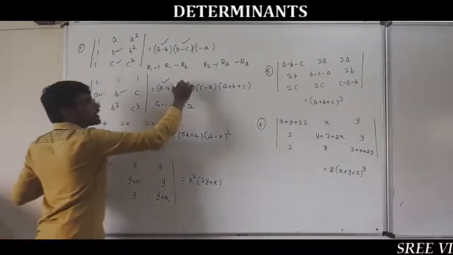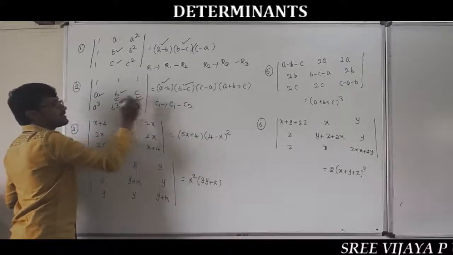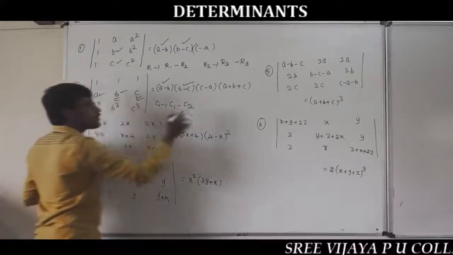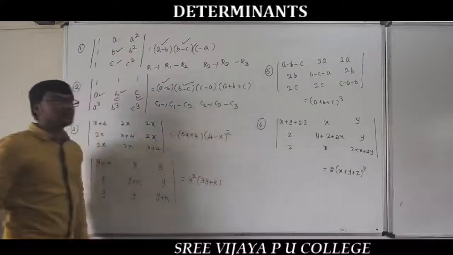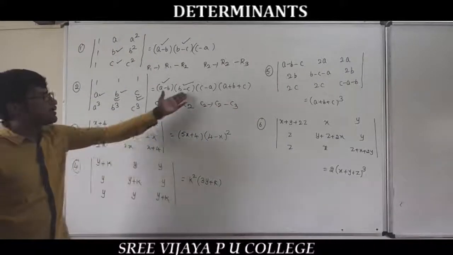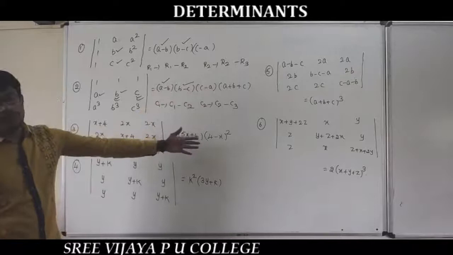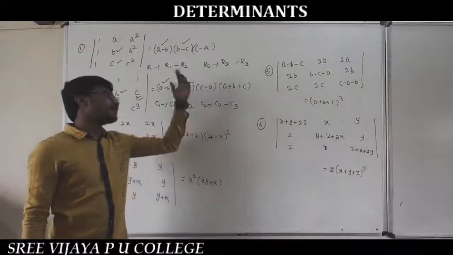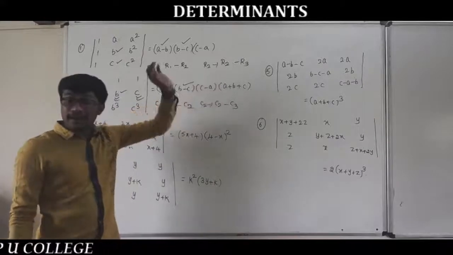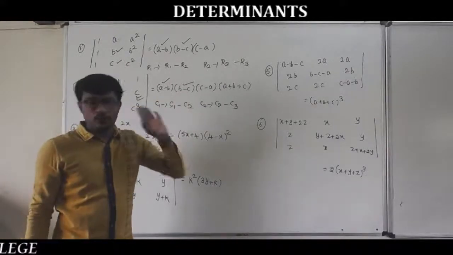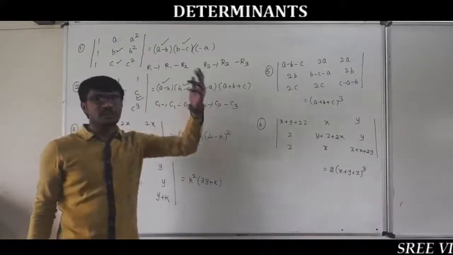Similarly, to get b minus c, subtract this and this. This is in column 2 and this is in column 3, so apply C2 minus C3. So you get b minus c. After that, we can apply for these two either any elementary operation or we can expand, no problem. But at the start, we apply an elementary operation using properties, and afterwards we can expand.